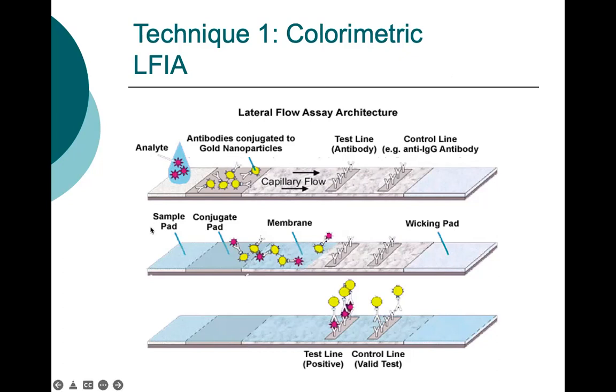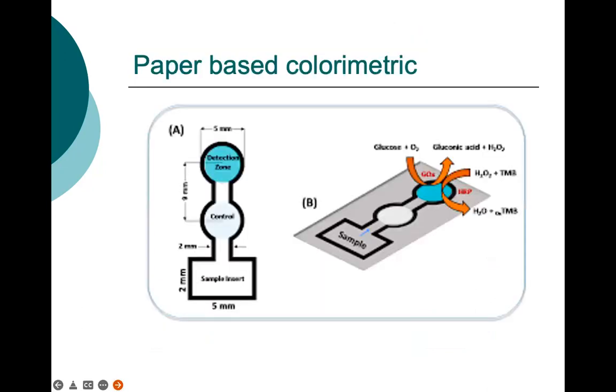Of course, the simplest example is where you use a strip to detect the interaction between analytes, the antigen and antibody interaction. So you can see the color change on the strips. So that is one type of optical technique, colorimetric.